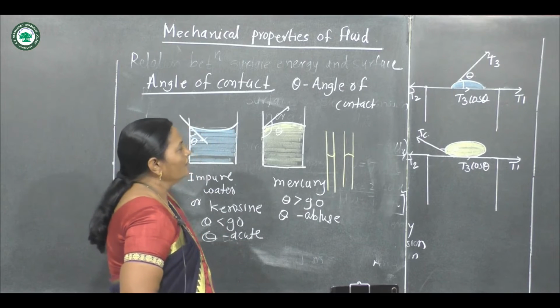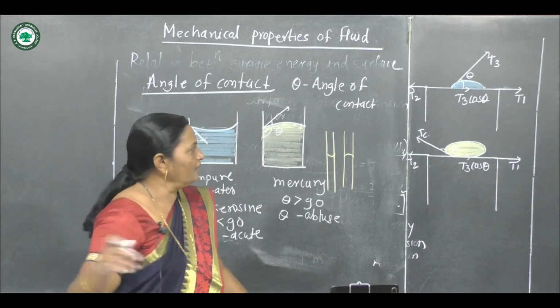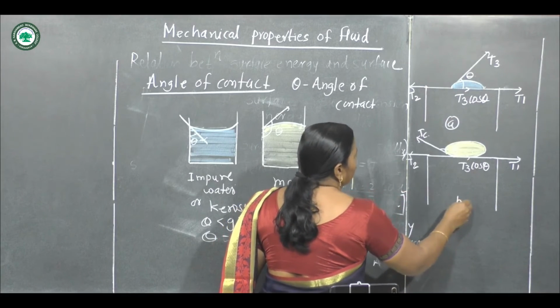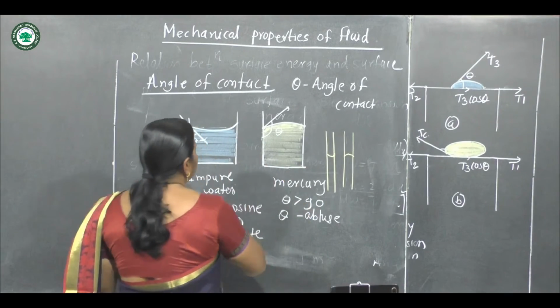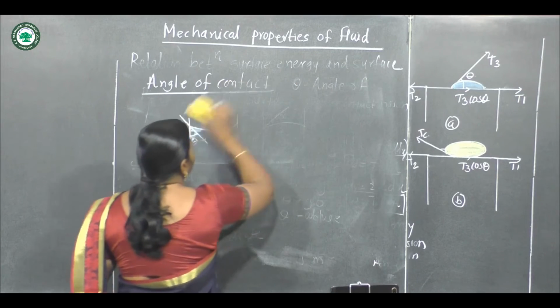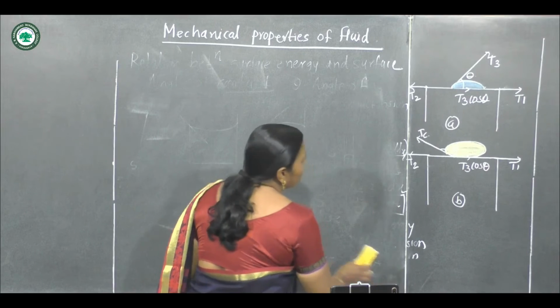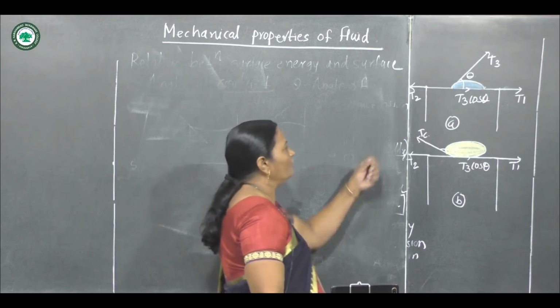Now we see the effect of angle of contact. See here, consider this is figure A and figure B. Suppose we consider a liquid drop. Suppose liquid is dropped on the ground, we get a drop.